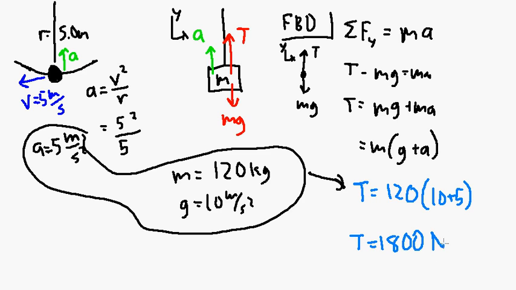If you were using 9.8 for g, it would be about 1776. So there we go, probably the fastest problem I've solved.